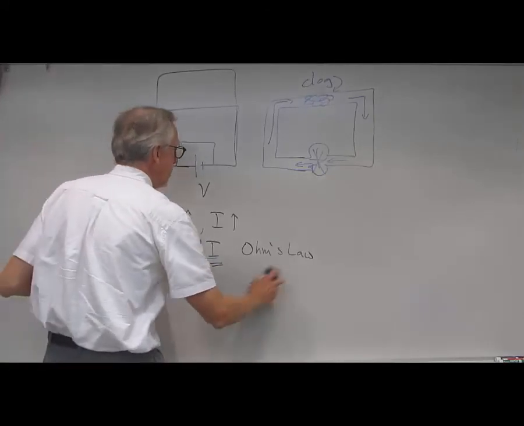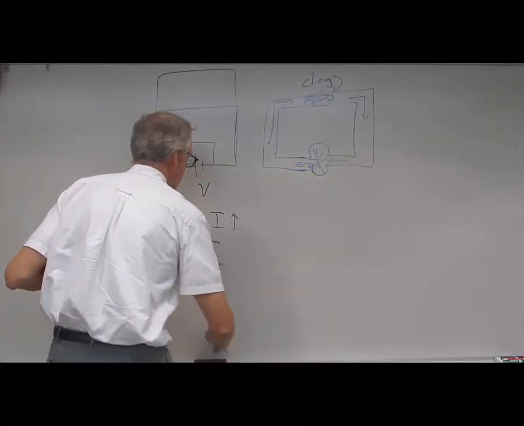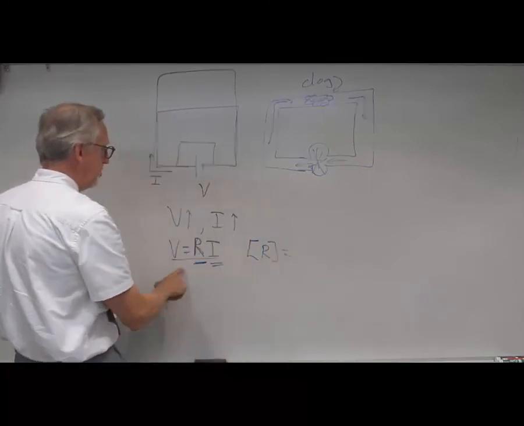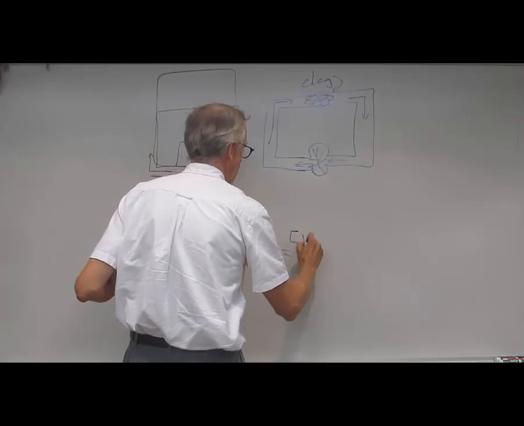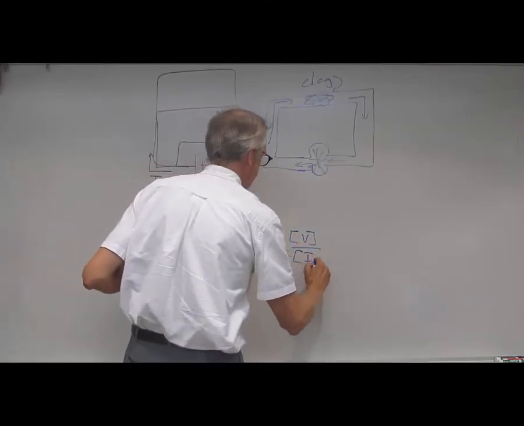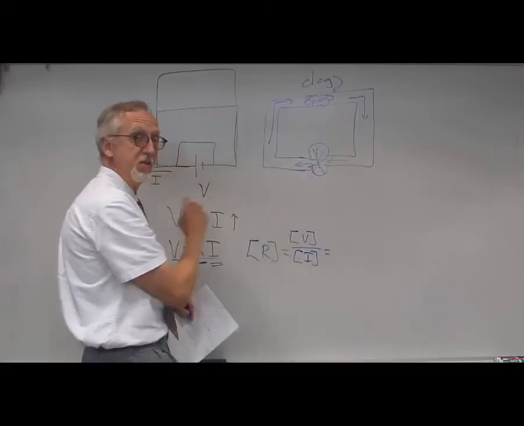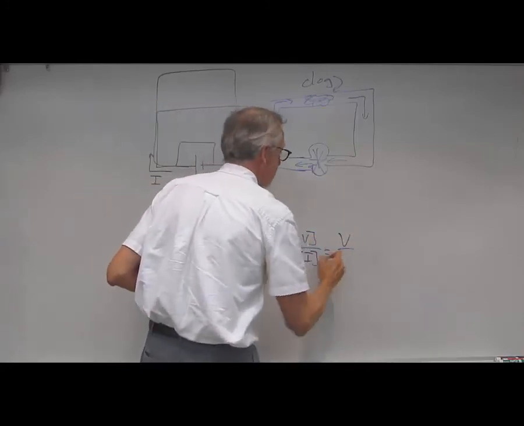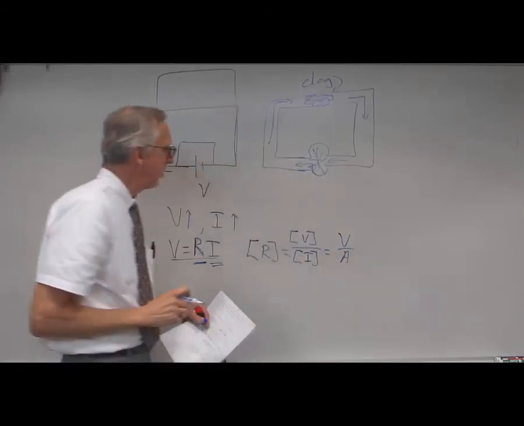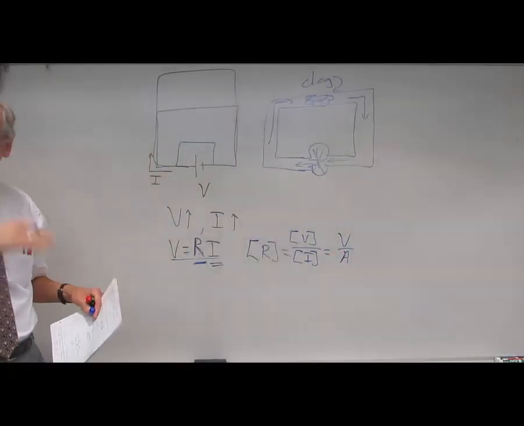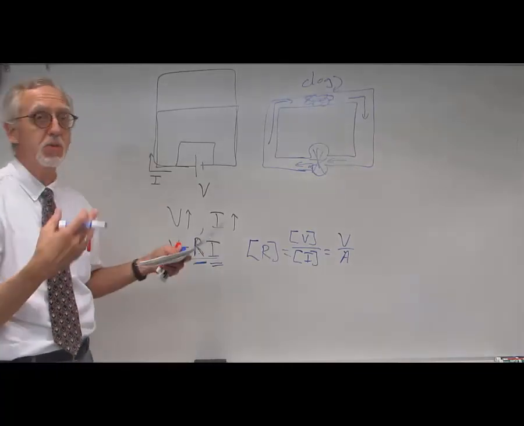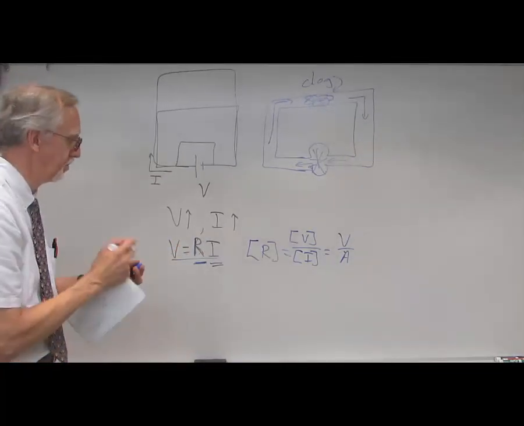The units that we will use for R will be equal to the units of V divided by the units of I, which are, the units of V are volts, the units of I are amps, and so the units of resistance will be a volt per amp. And again, this is a combination of units that we will see so often that it's got its own name.